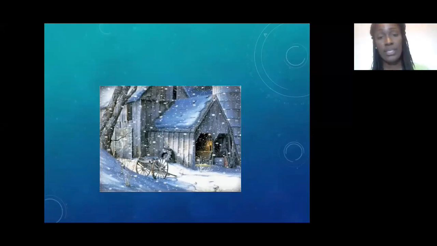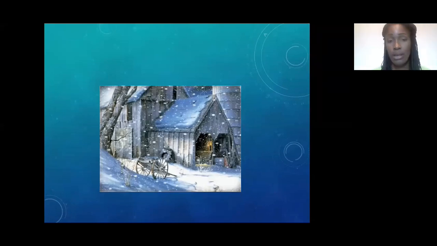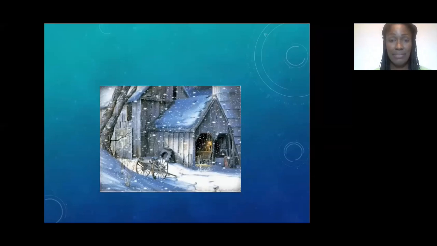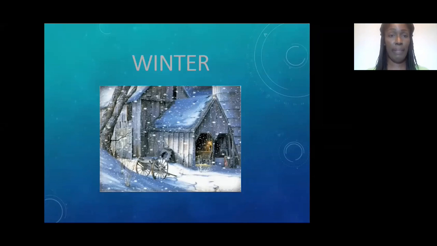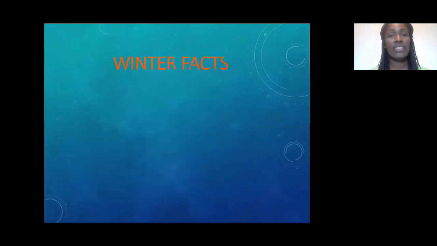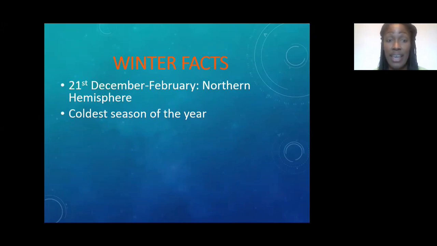Can anyone tell me what is happening in this picture? If you said snowing or winter, you are correct. It's winter, these are the characteristics of each season. Let's look at some winter facts. December to February in the Northern Hemisphere, we have winter, the coldest season of the year.